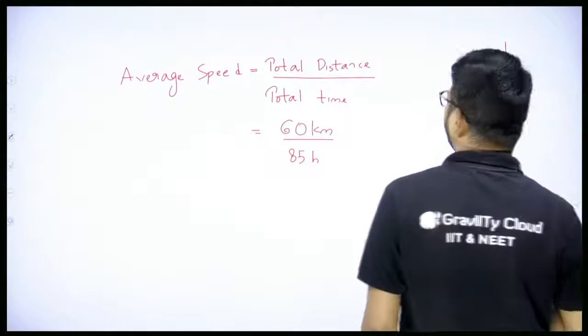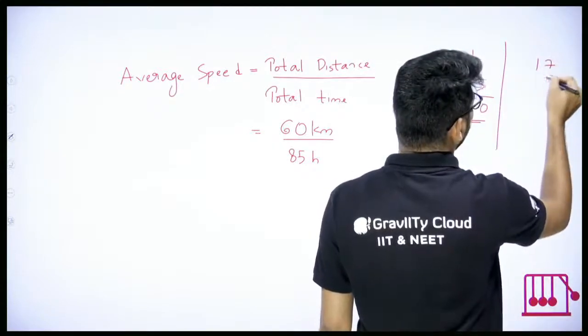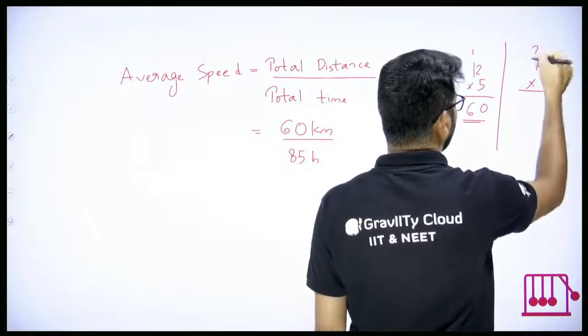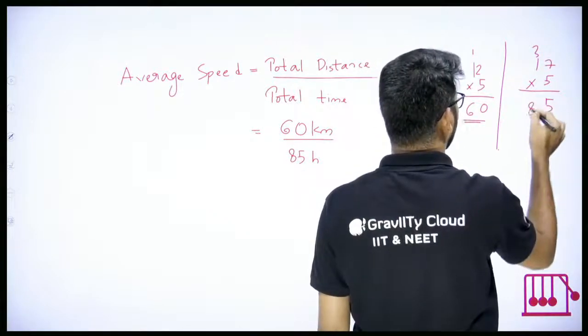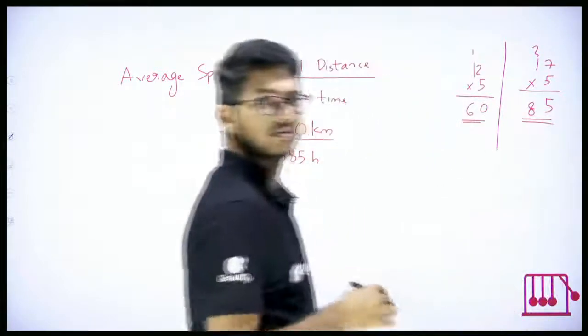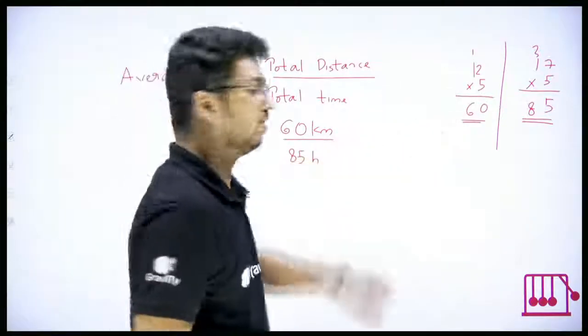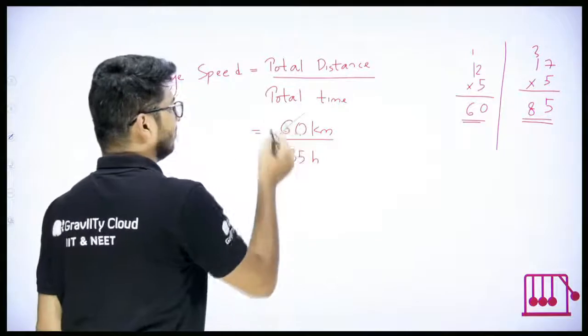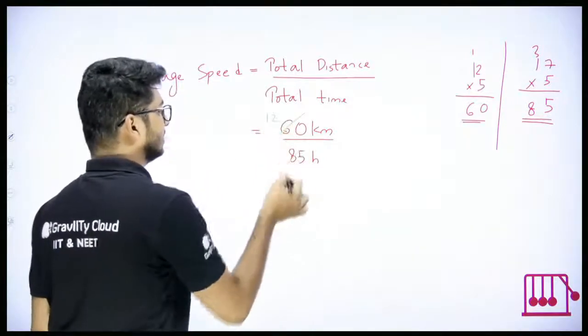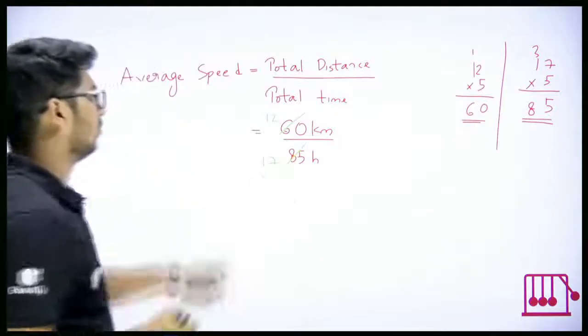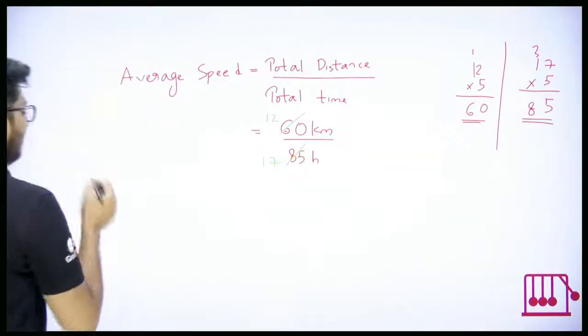Then if I look at 85, 17 into 5, what is 17 into 5? 85. That means 5 twelves are 60, 5 seventeens are 85. So if I cancel with 5, you have 12 and 17 remaining.